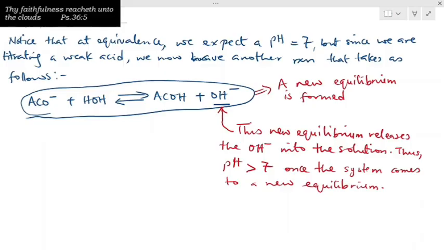Notice in this particular case, the pH is not 7, it is actually above 7, and that is because a weak acid is being titrated.